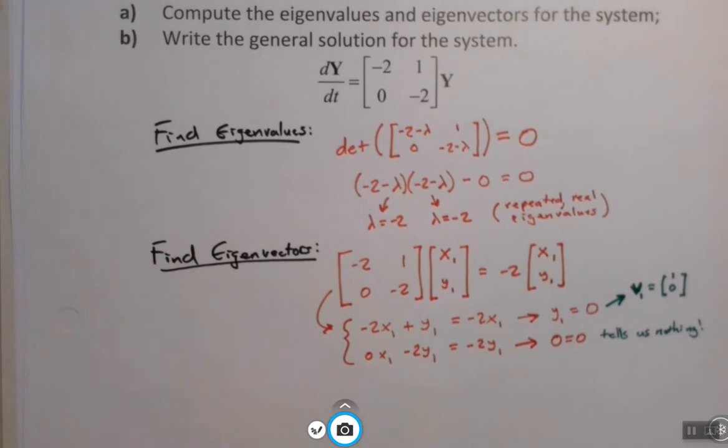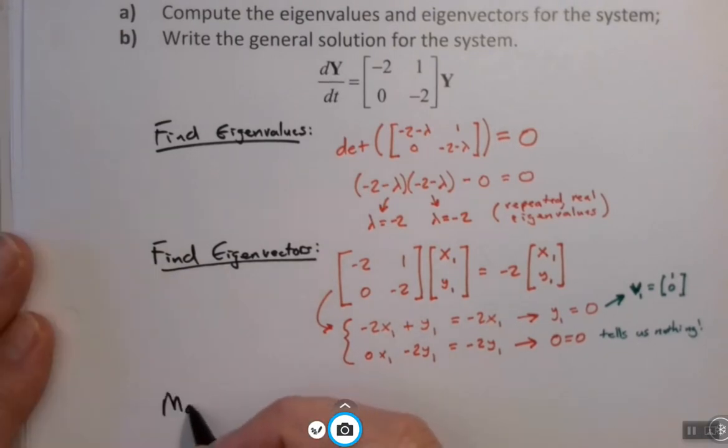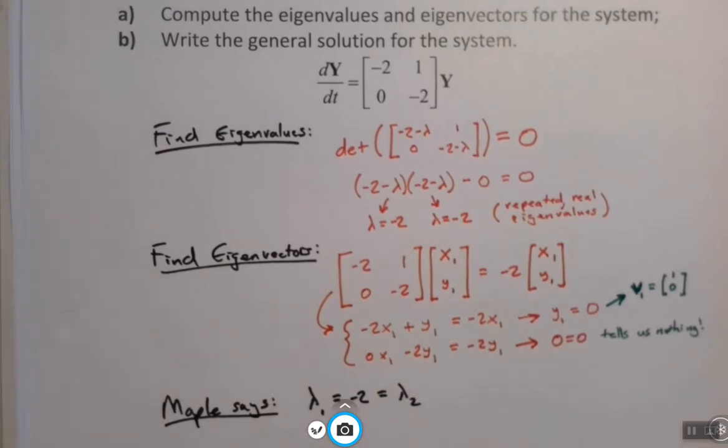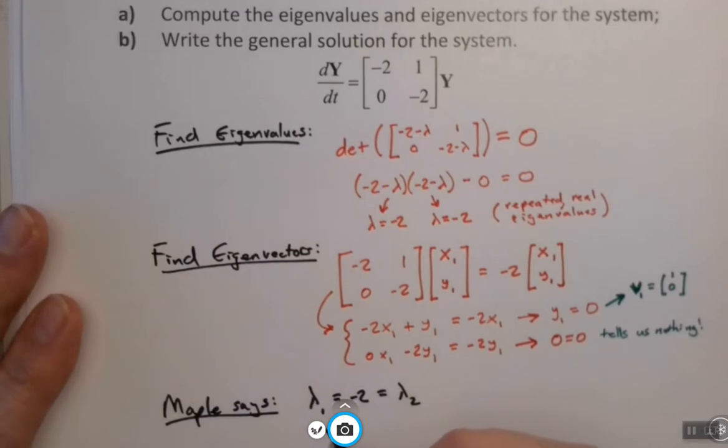It's almost as if Maple is saying that you have two eigenvalues, lambda 1 and lambda 2, and they're the exact same thing, but you have one eigenvector.